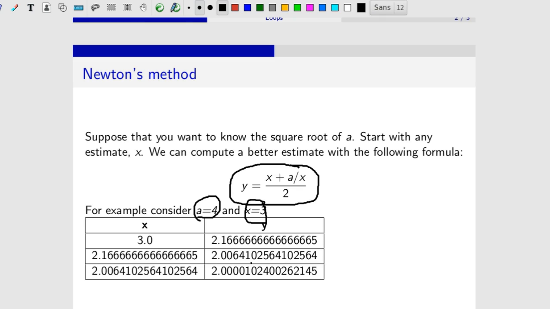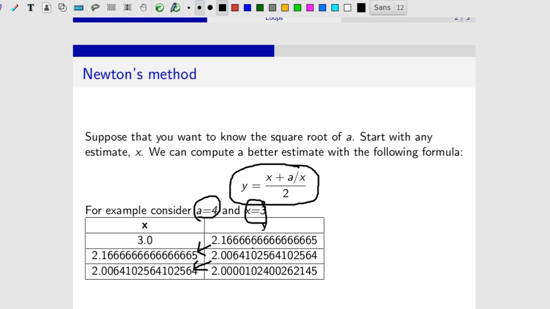Then we will be updating the value of x as this and again calculating y. Value of y will become 2.000. You can see that the value of y is converging to 2, which is the correct root of 4.